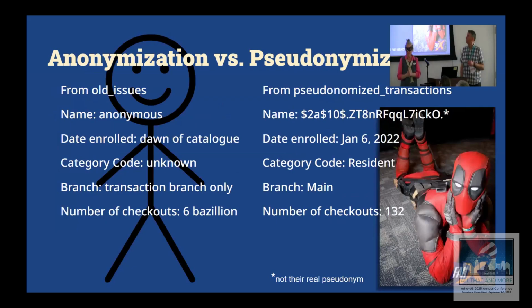So this is your anonymized patron. You go into your old issues table and you look at it, and you have a patron that has checked out everything in your catalog. And the only thing you know about them is the dates of the transactions and where it was circulated. That's all that's preserved in your old issues table.